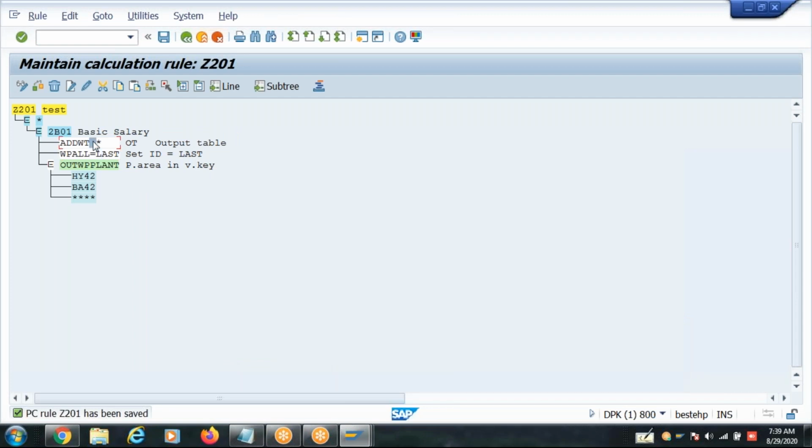Clear? But before I read any field of WPVP, I would set the WPVP indicator to the last, and then call the plant.